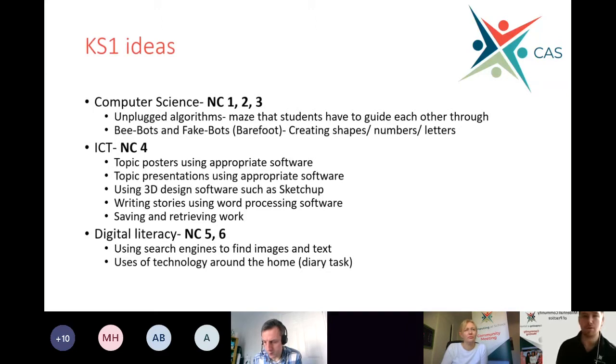Obviously, early years is even more scary than year 1 and year 2, but bringing those bits in and being able to use simple bits of software as well can definitely be tailored to that, just brought down to their level a little bit more.